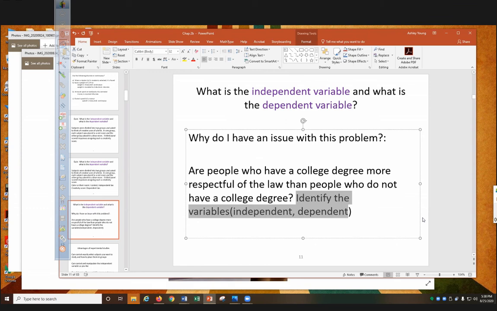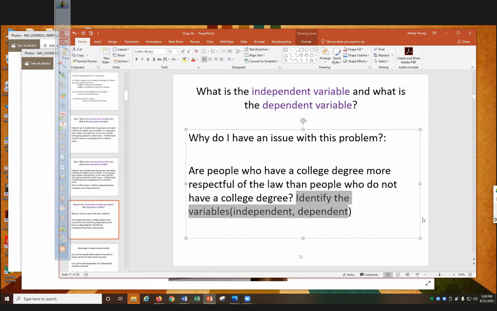So then maybe they have to say respectful of the law. Maybe make that into how many times you're arrested, right? Or if you're ever arrested. But say we observed a bunch of people who have a college degree, and a bunch of people who don't, and how many times they're arrested, and we're saying that if you have a college degree, you're more respectful of the law than people who don't.